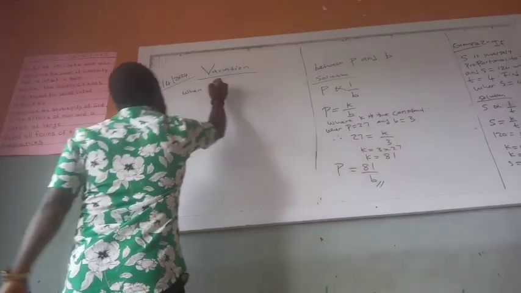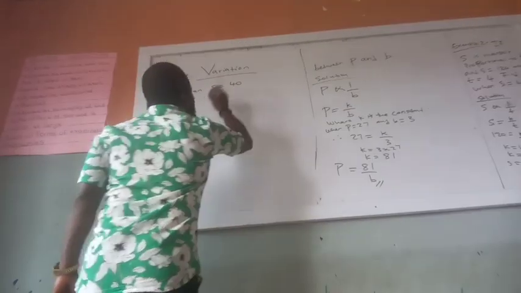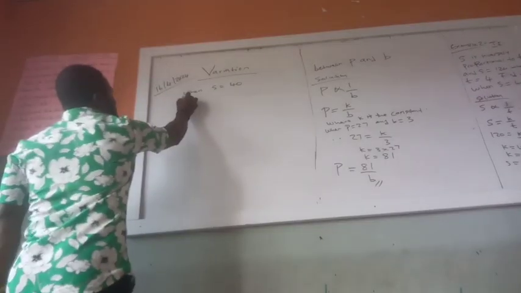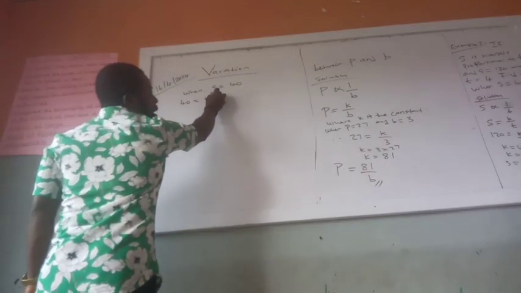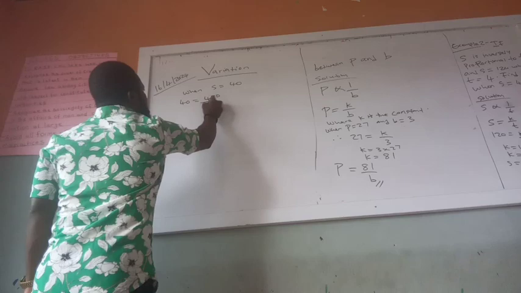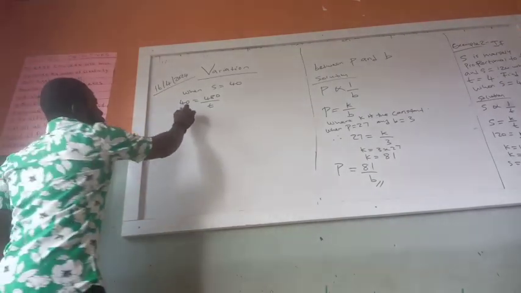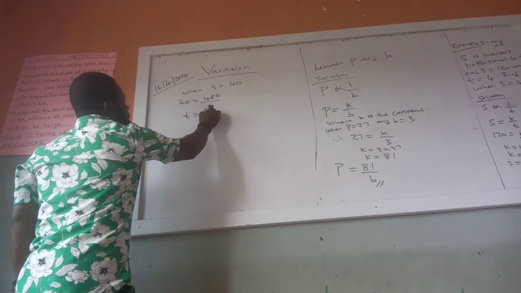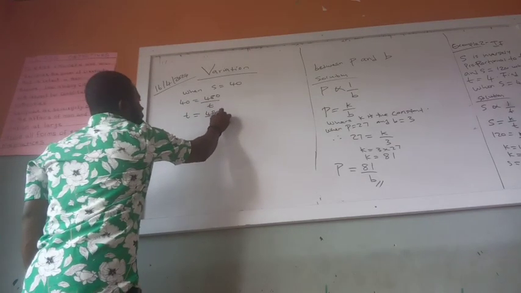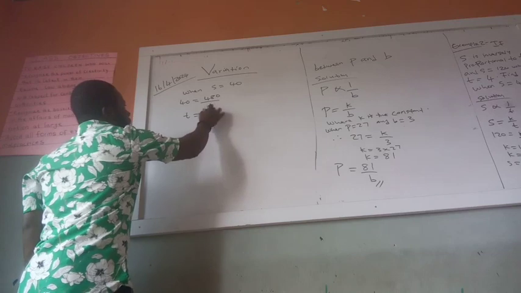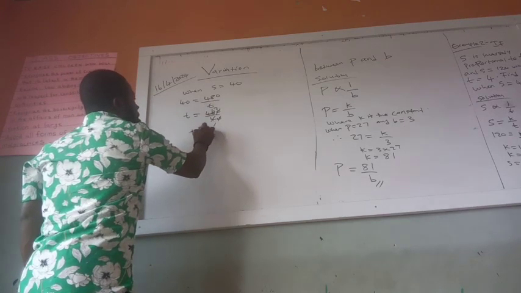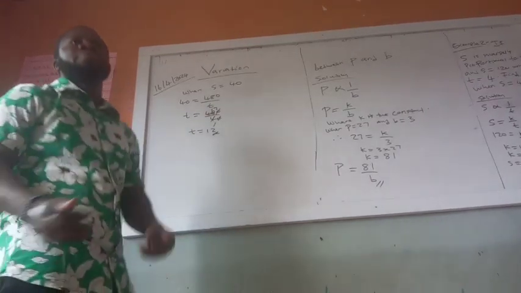When S equals 40, that means you have 40 equals 480 over T. Like I said, just interchange position. So T equals 480 over 40. 0 cancels 0, 4 here 1, 4 here 12. T equals 12. That's all.